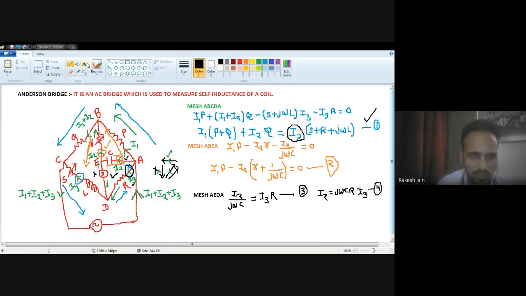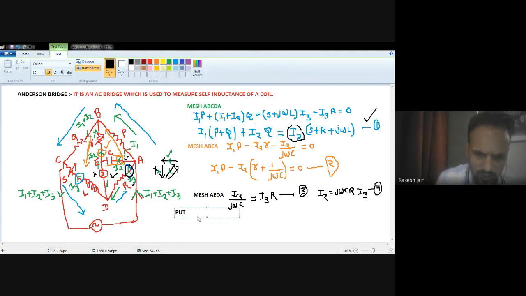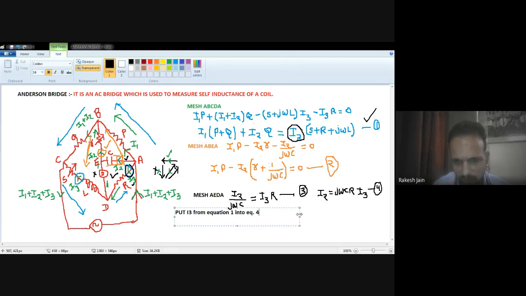So I write down here, from equation 1 into equation 4, let's see what will happen.